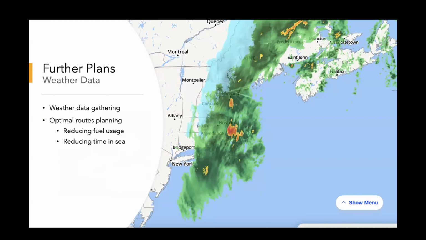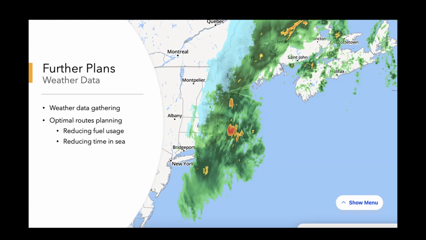The next is about our future plans on the system. Our future plans, with which we are going to achieve the main objective of the research, are to add weather data and optimal path planning. For this, we should gather data about weather from a real-time data source, store it and keep it up to date.